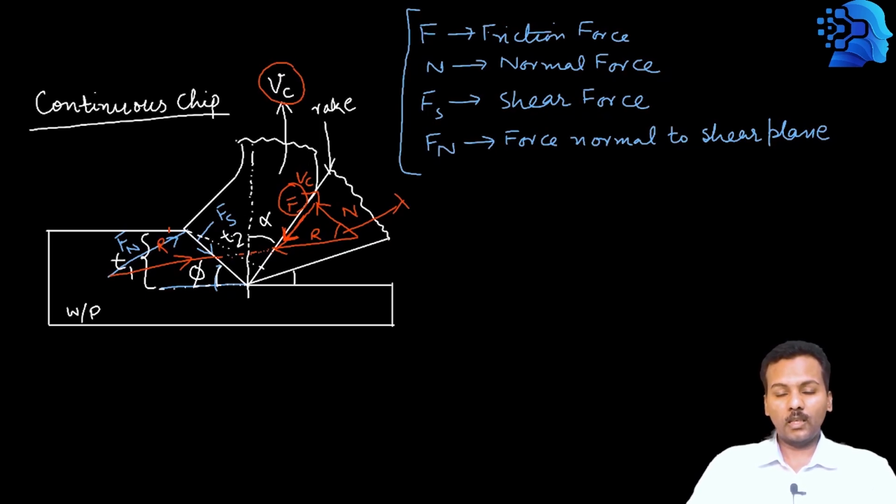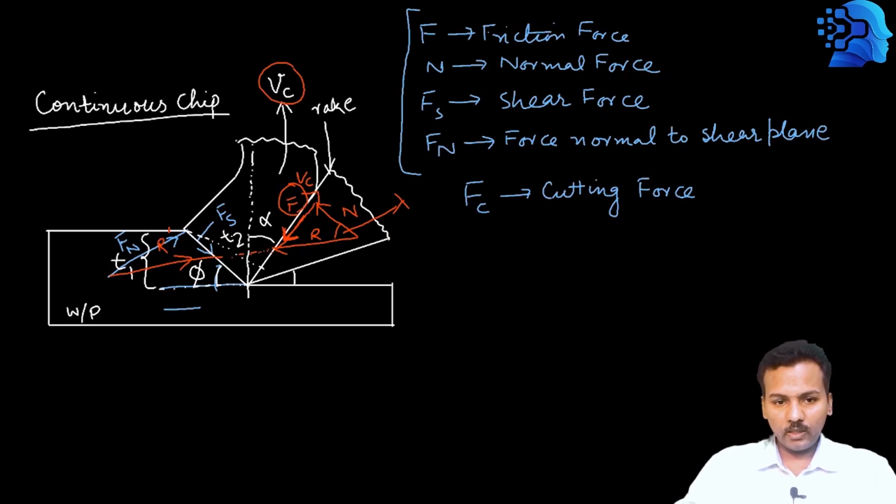Those forces are known as the cutting forces Fc, which remains parallel to the cutting velocity. Now cutting velocity is denoted here V, and that is the velocity of the workpiece relative to the tool.